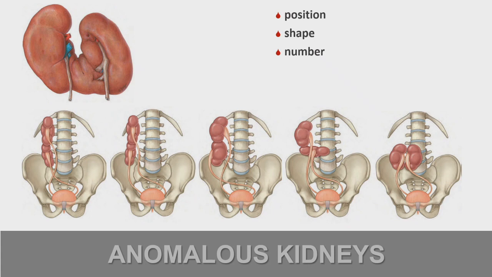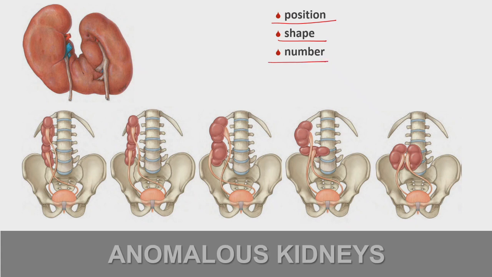Kidney has this kidney bean-like shape, but it's true not in 100%. If we talk about liver, liver has minimal variability in the size, position and shape. But a kidney could have some anomalous position, shape, and number of kidneys.